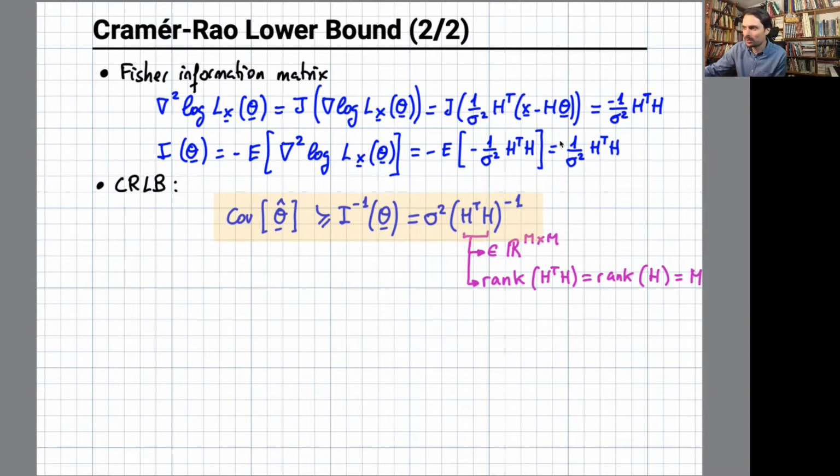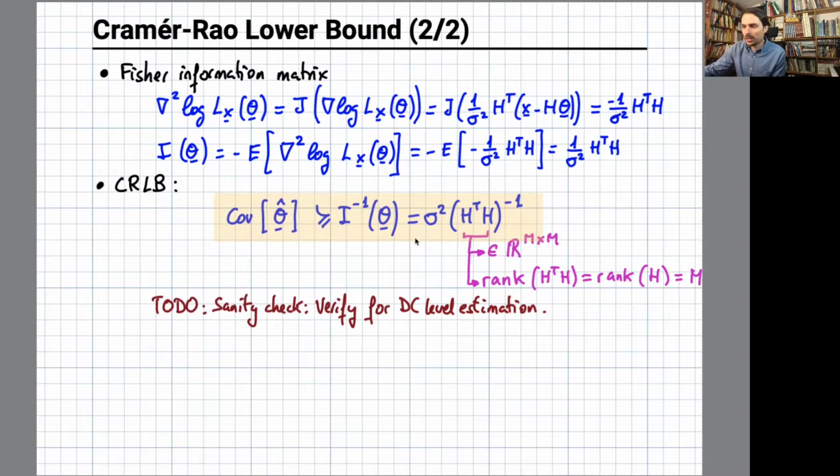So we can see that the Fisher information matrix would not be invertible. So whenever you find yourselves in a situation where the Fisher information matrix is not invertible, you know that you may have some identifiability problem, okay?